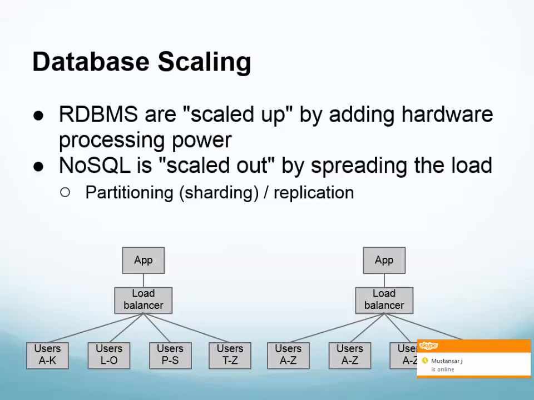Then database scaling. RDBMS are scaled up by adding hardware processing power. NoSQL is scaled out by spreading the load. So when we are running a database and there is a table in the database, and the table goes over to 1 million records or 2 million records, and we need to increase the capacity for storing that, we can't add new hardware and spread it over multiple servers.